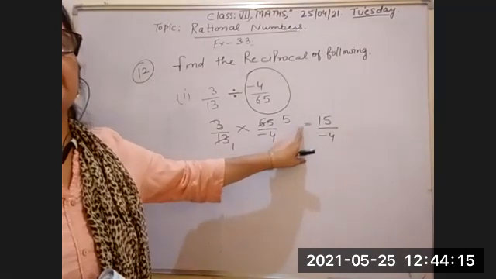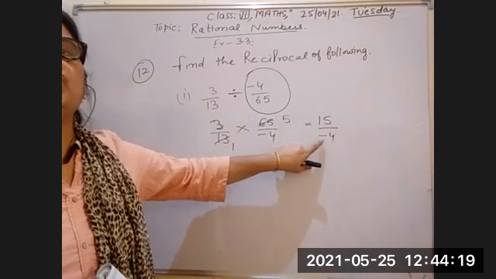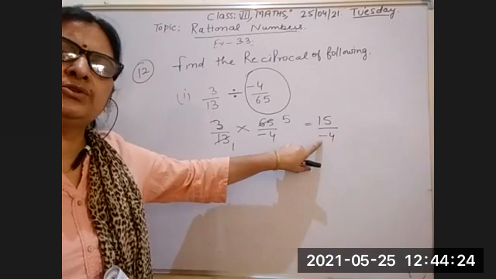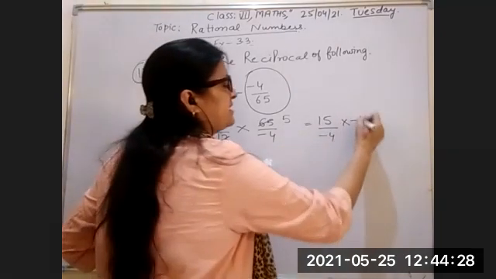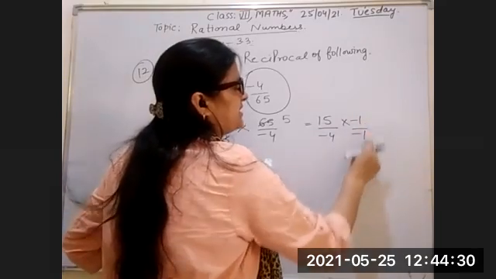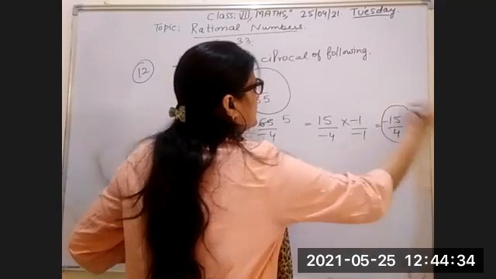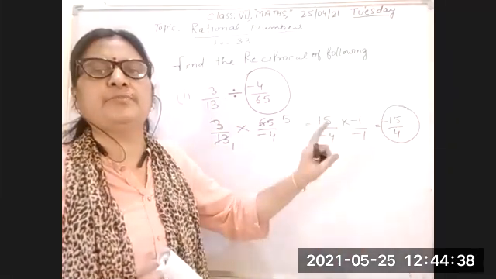Now the denominator is given as minus 4, so while converting it into the standard form, you have to multiply minus 1 with the numerator and minus 1 with the denominator. So your answer is minus 15 upon 4.